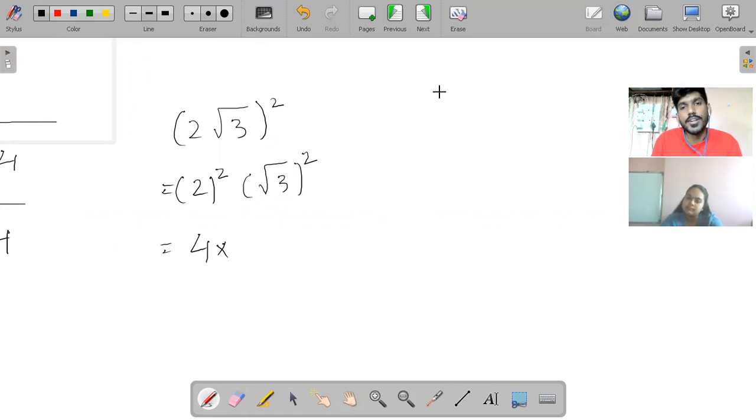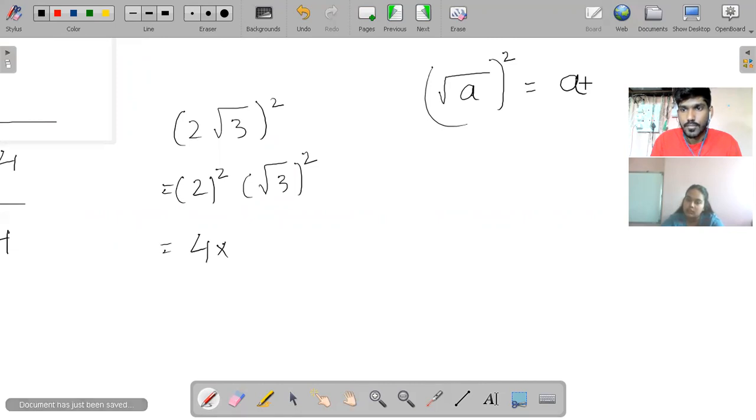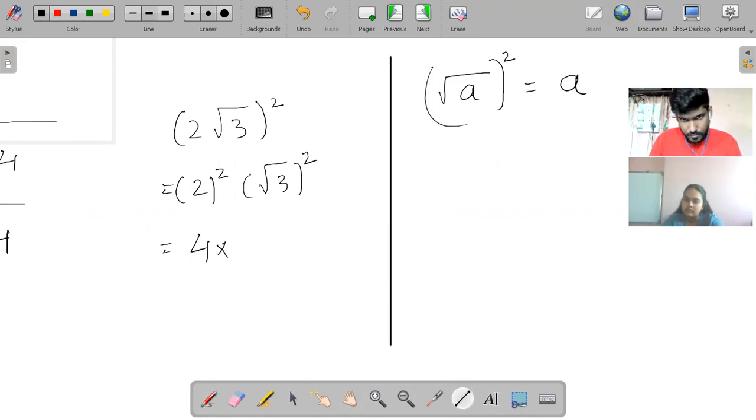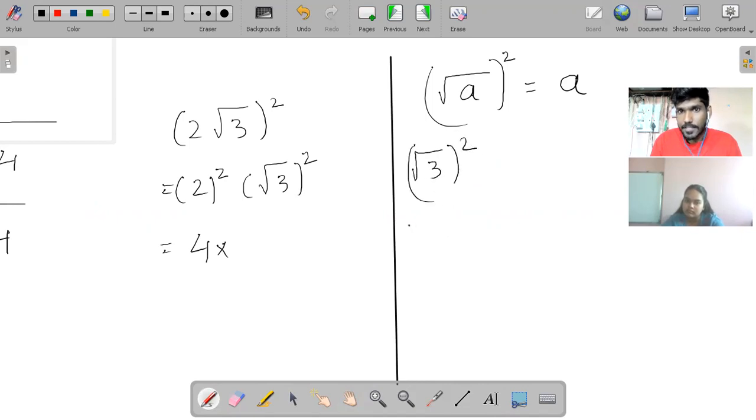Okay, remember it like this. If you take the square of a number which is in a root, that will be equal to the number itself. Suppose I say root 3 the whole square, this means you're doing root 3 into root 3, and by this property you can directly say it will be 3.